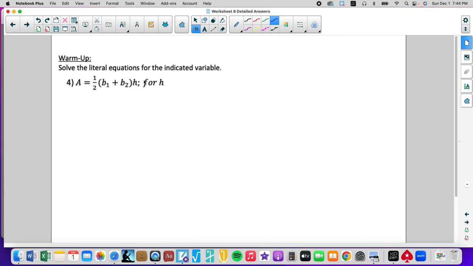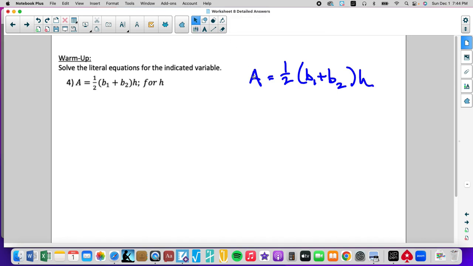I like, actually, I don't like this. This is not as hard. I'd like it to be one of the interior ones. But we want to get h by itself. So we have to get rid of this and this. This is Chewbacca, so it's holding it all together. So b sub 1 plus b sub 2 times h. So the reciprocal, actually, let's move you down here.